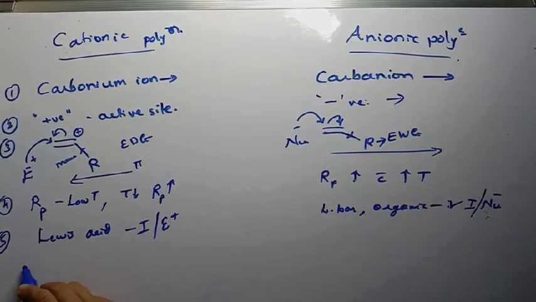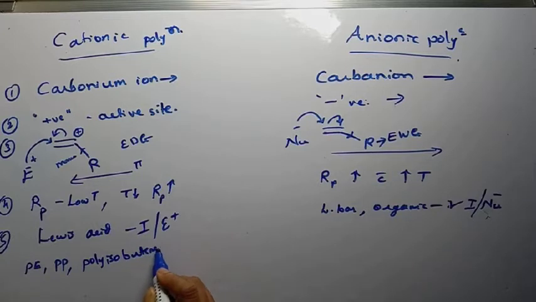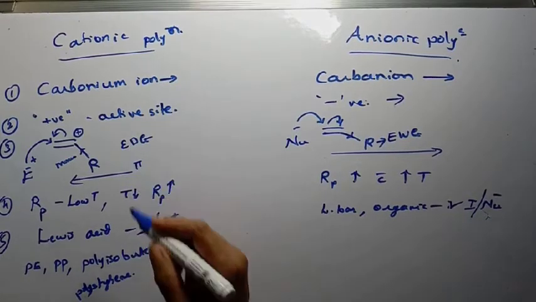Here it is polybutadiene or polyethylene or polypropylene, or polyisobutene. So these are the examples, and even styrene, which is an exception. So polystyrene is an example for cationic polymerization.